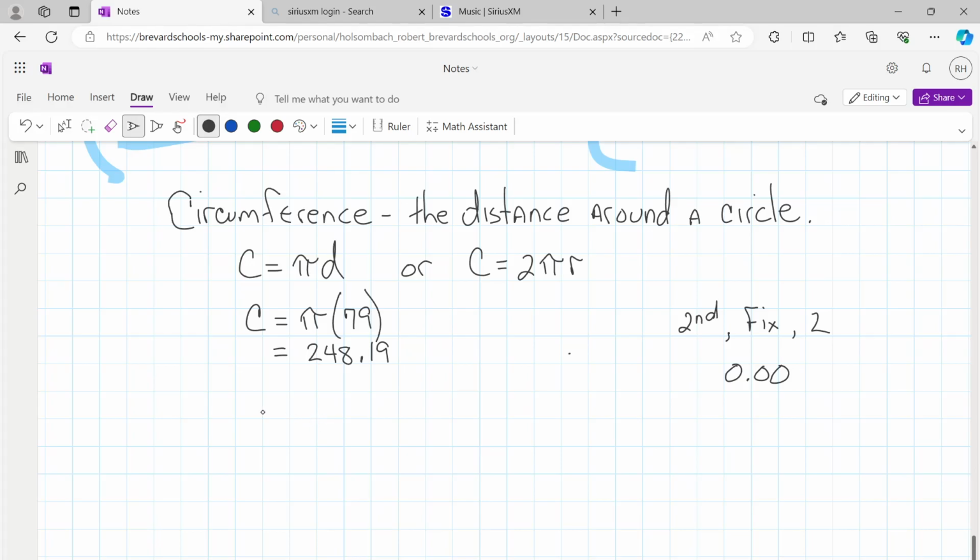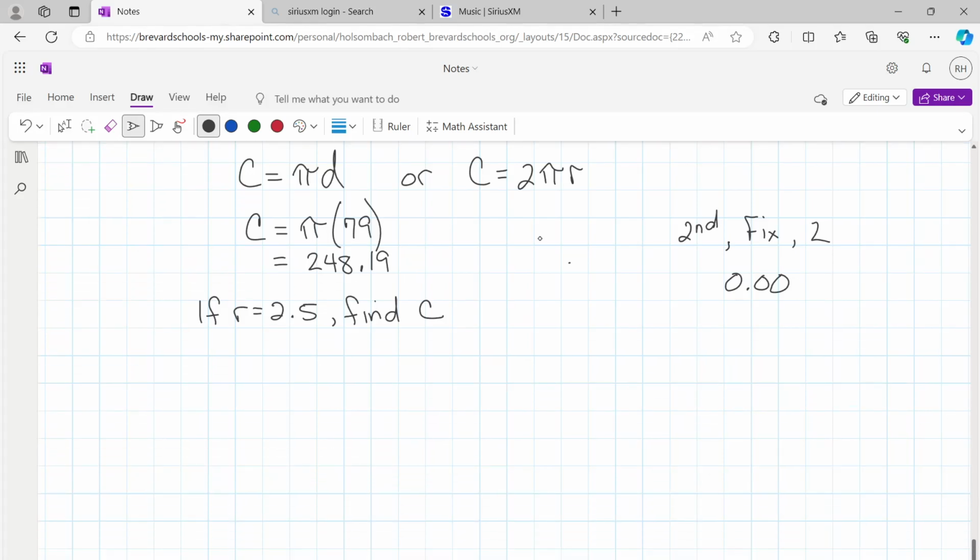If you're given the radius, okay, so if r equals 2.5, find c. Well, if the radius is 2.5 and we're finding the circumference, we're going to use this formula, the 2 times pi times r.